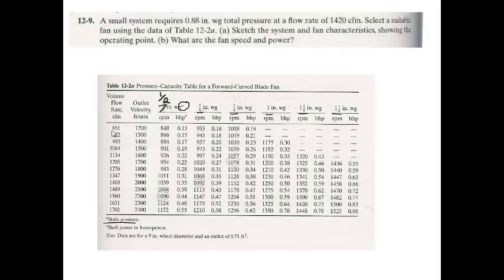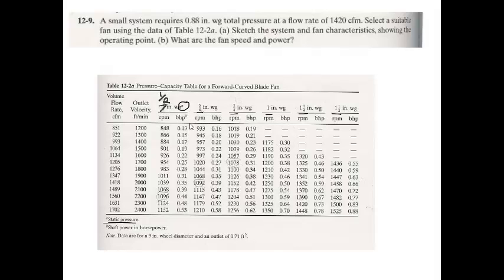So we have increasing volume flow rate, and the associated outlet velocity for this particular fan for each of those flow rates. So a volume flow rate of 851 CFM gives us an outlet velocity of 1200 feet per minute.